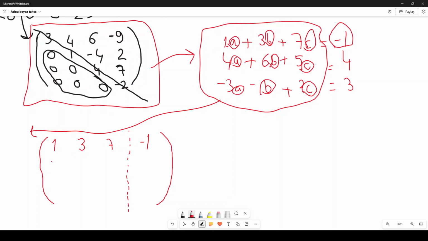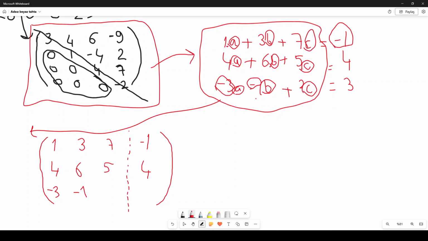I write them in the same order given in the equation, because if I changed this order, I would be mixing the coefficients of the unknown variables, which means it is not the same system. The right hand side value is 4. And again, minus 3, minus 1, don't forget the negative signs, because the coefficient is now minus 3 and now minus 1.